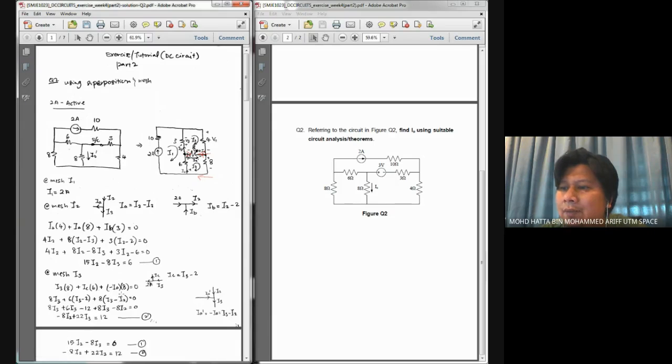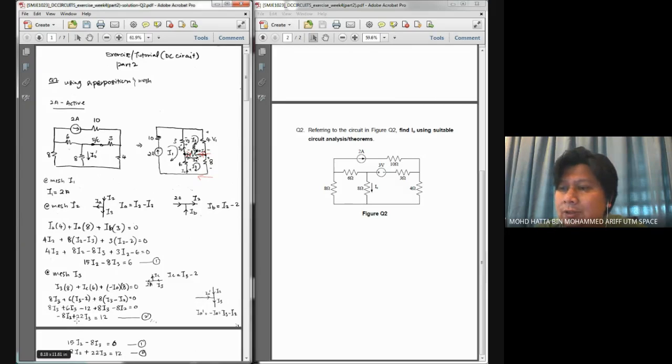So here I have negative IA times 8, or you can put it as whatever you like, ID, IE, but you need to know that the current is given by I3 minus 2. The next line is just putting back all the information I gathered from the question and from my circuit.